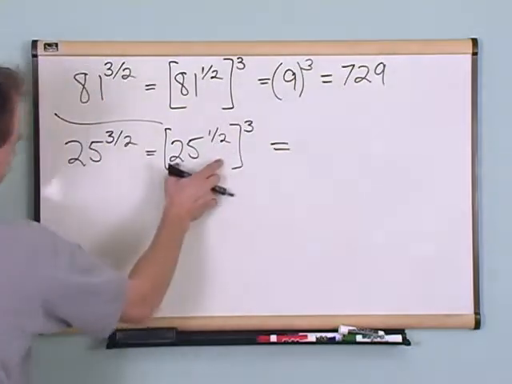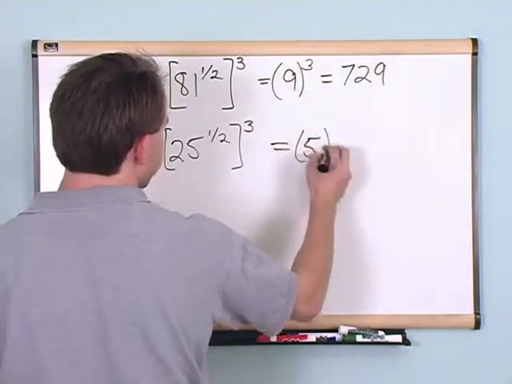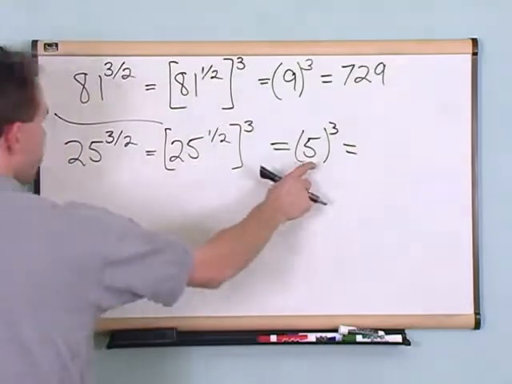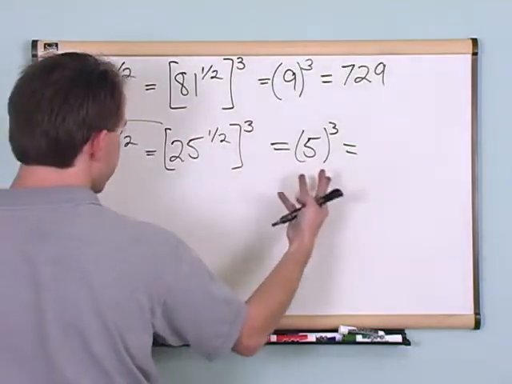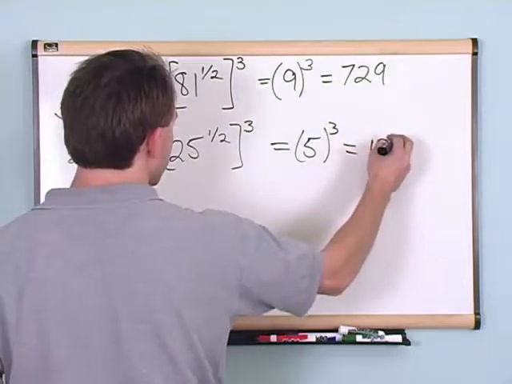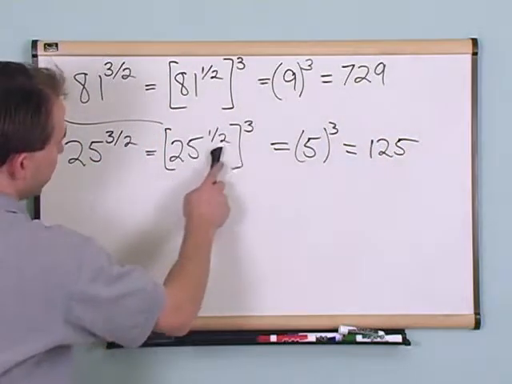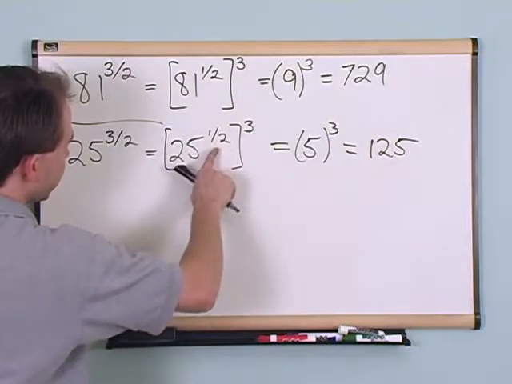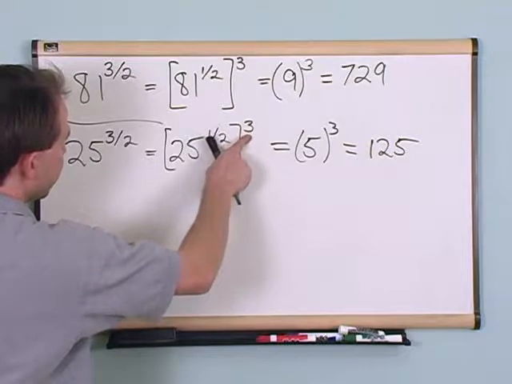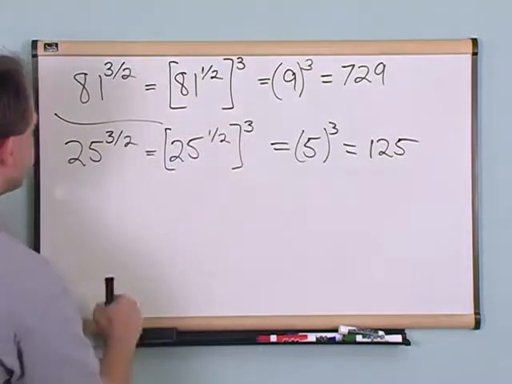Now inside, this is just the square root of 25, which is 5, again raised to the 3rd power. 5 times 5 is 25, times 5 again, because it was done 3 times, is 125. So that's the answer. Again, I broke it up here because when I break up an exponent like this, you multiply the 3 times the 1/2, and that gives you what you started with. So that's why this is legal here.